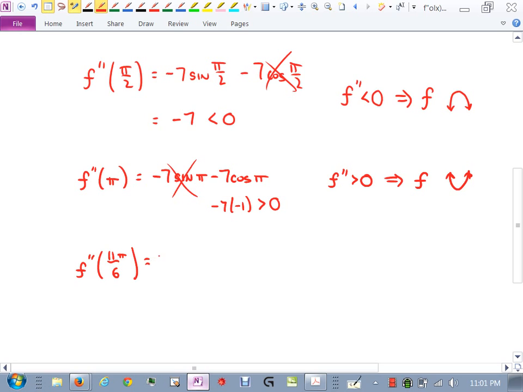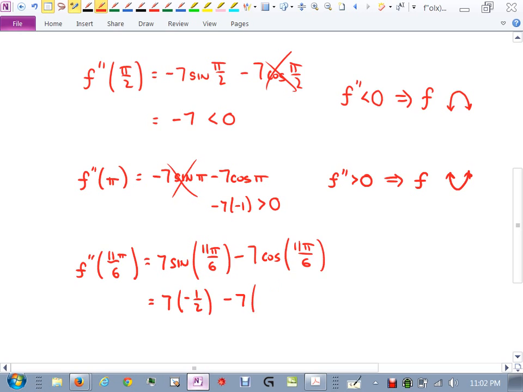Last test point, 11 pi over 6. Plugging that in: negative 7 sine of 11 pi over 6 minus 7 cosine of 11 pi over 6. Sine of 11 pi over 6 is the y coordinate at that angle, so the y coordinate there is negative 1/2. So 7 times negative 1/2, then over here I have negative 7.